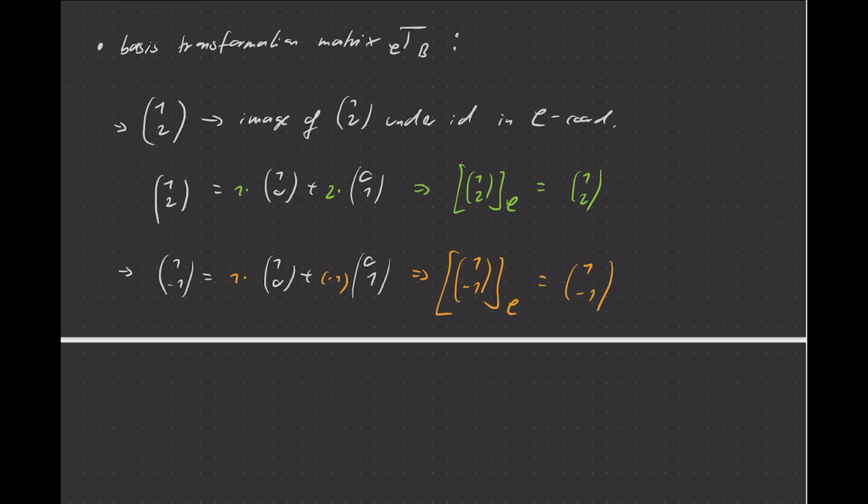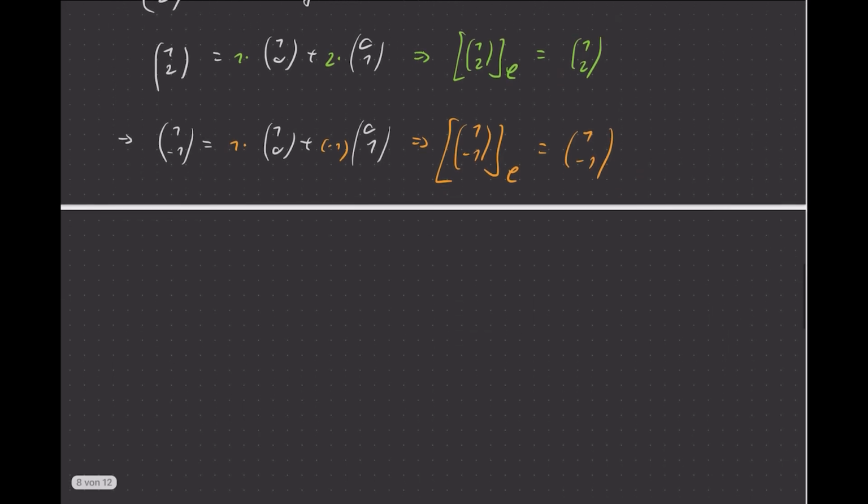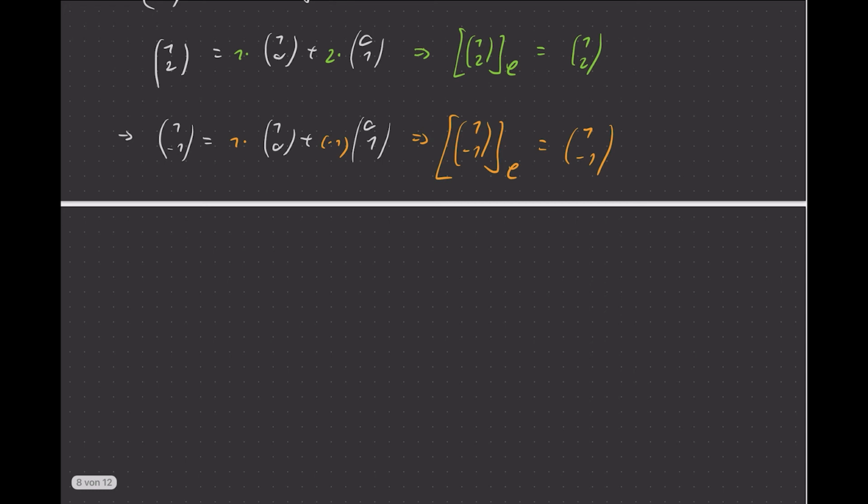And remember, the columns of the matrix representation are the images of the basis vectors, of the input basis vectors in output coordinates. So we already have these. Those are the images of the basis vectors of B in output coordinates, in C coordinates. So we can write down that matrix already.